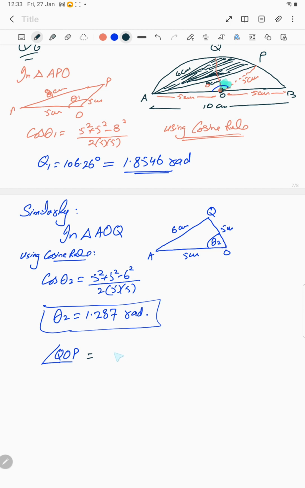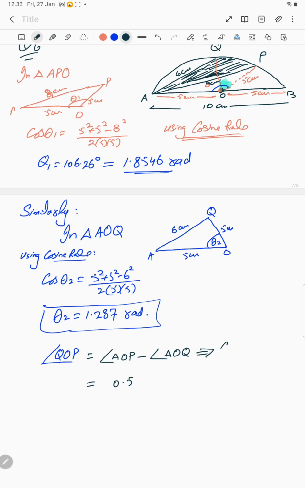This will be theta 1, I can write in the first form that angle AOP minus angle AOQ will give me angle QOP, that is 0.5.